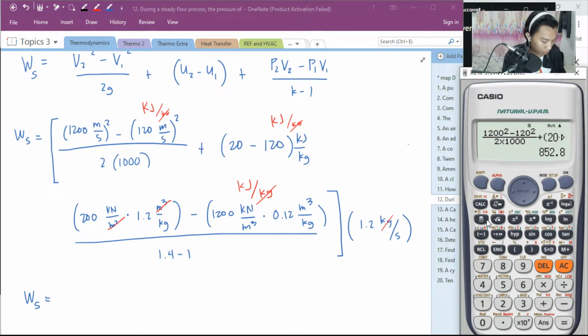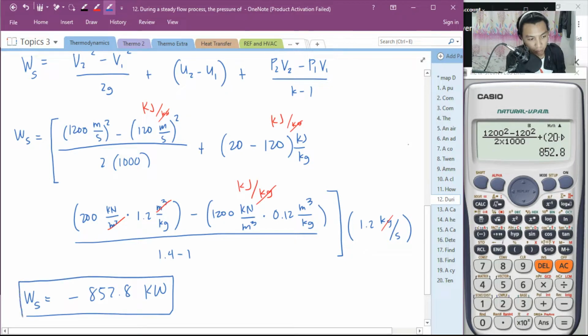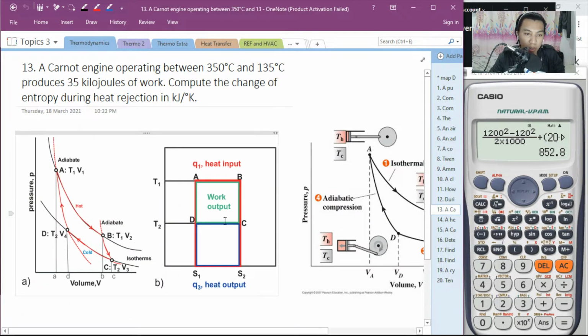Okay, negative 852.8 kilowatts. The answer for work steady flow. Okay? Ganun lang siya. Ito yung nagpalaki kasi ito Newton.